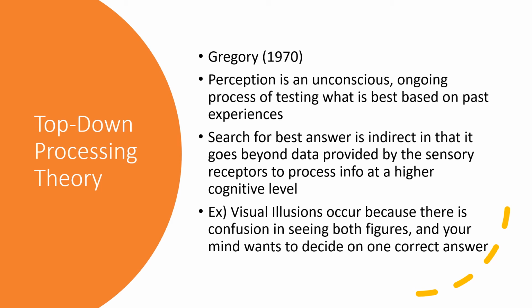That is past experiences telling them that the probability for something greater or more dangerous is higher. And the example for this, other than the one I just said, is that visual illusions occur because there is a confusion in seeing both figures. Your mind wants to decide on one correct answer, and so it uses past experiences to get there.